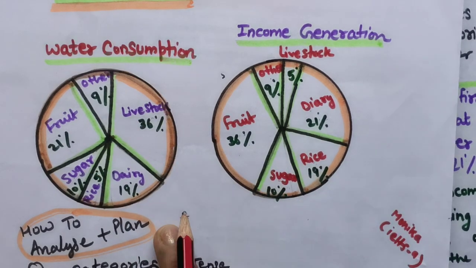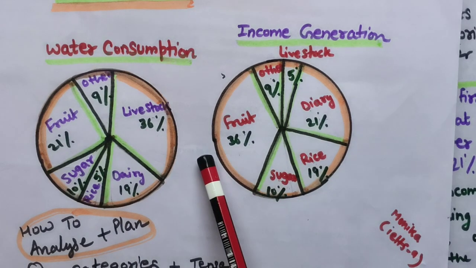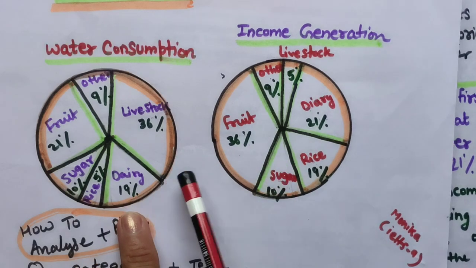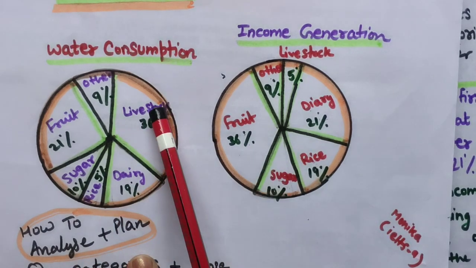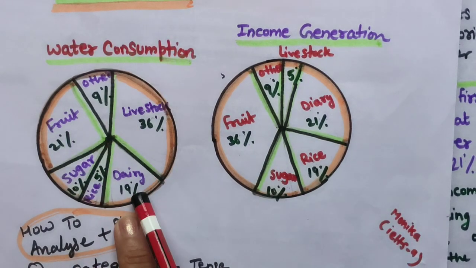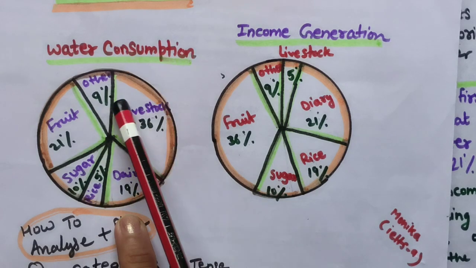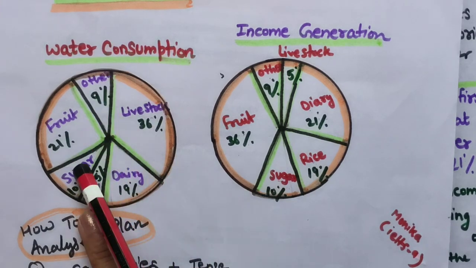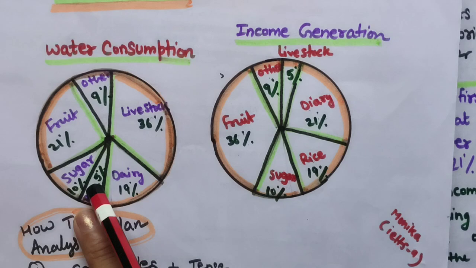Now we have analyzed. Definitely, when we write the body detail paragraph, first we will talk about livestock and then the next ones. We can combine the information of these three categories into one sentence.